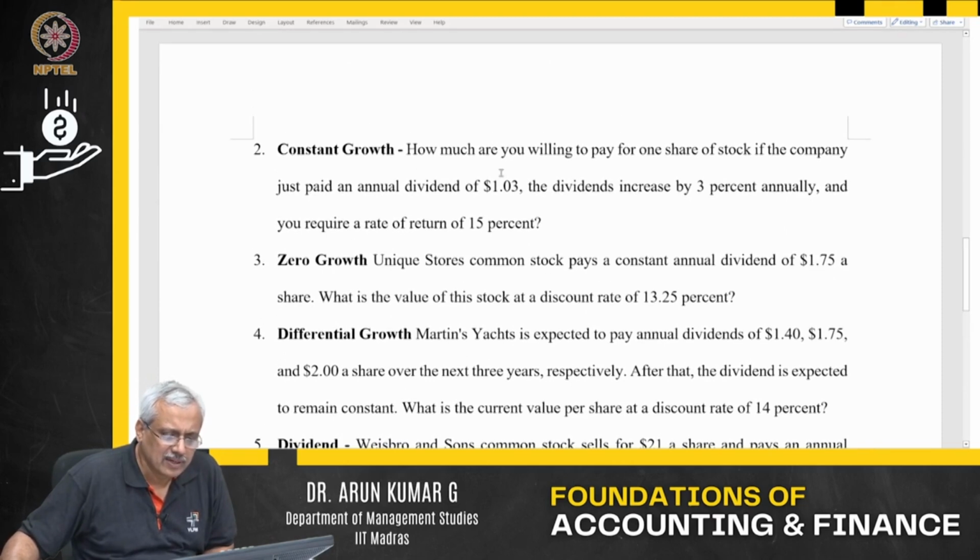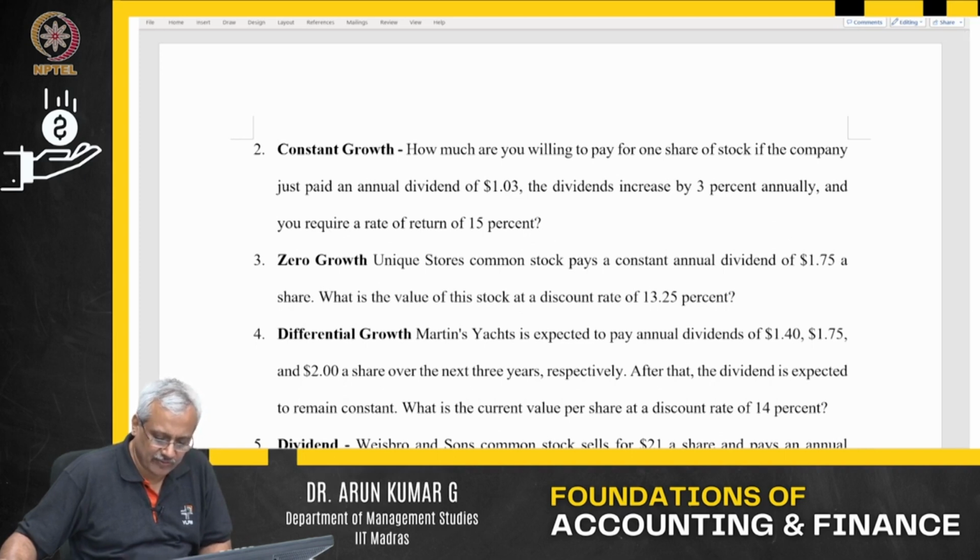How much are you willing to pay for one share of stock if the company just paid an annual dividend of 1.03? The dividends increase by 3% annually and you require a rate of return of 15%.